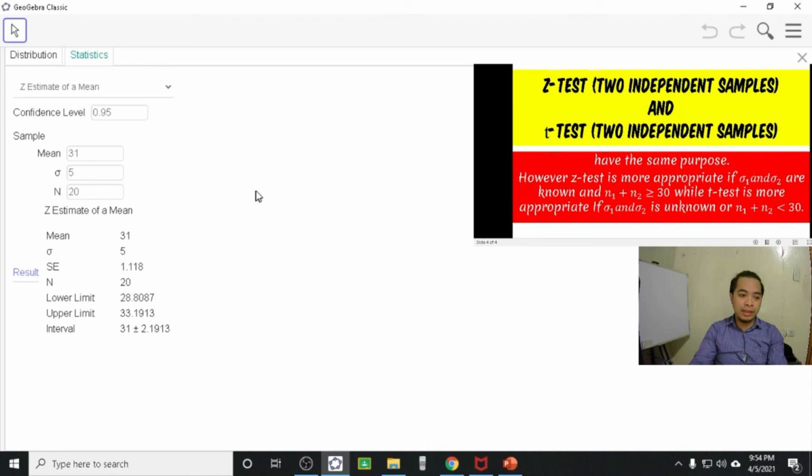What you do is to take a sample and then administer your mathematics proficiency test. Based on the data that you will gather from that sample, let's say you sampled 500.